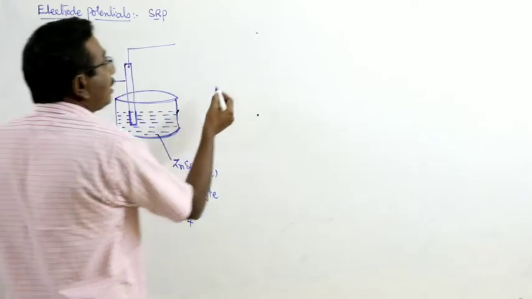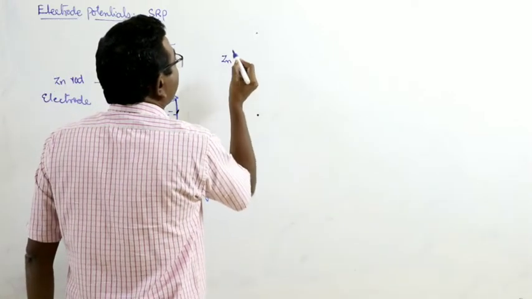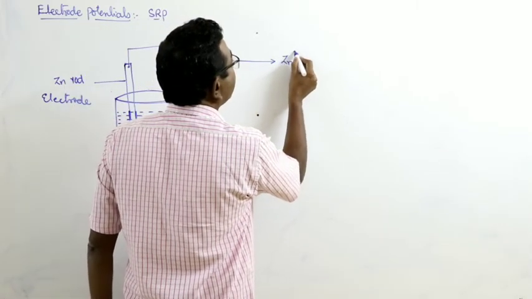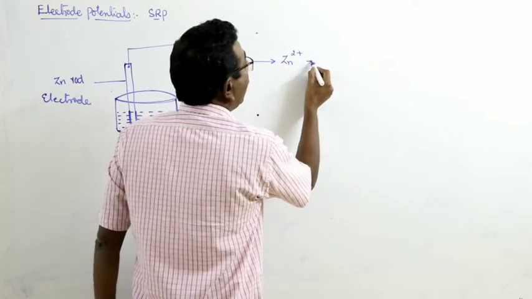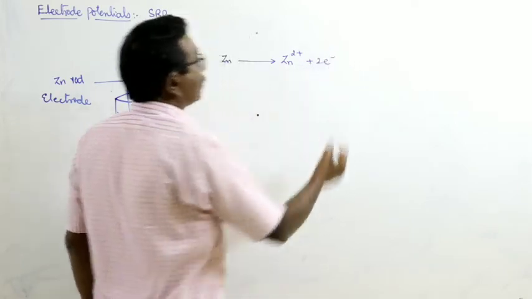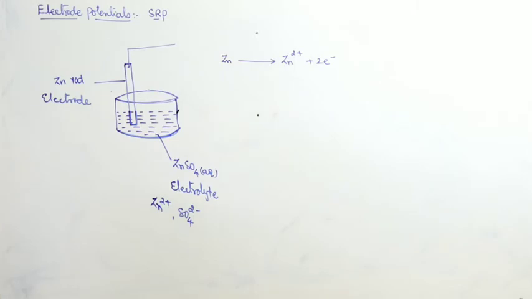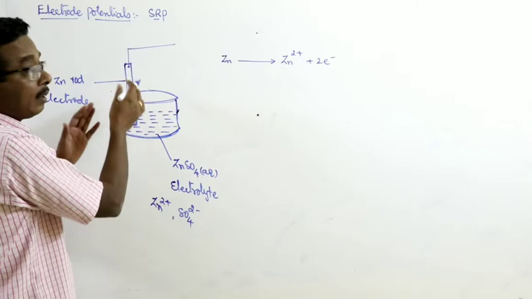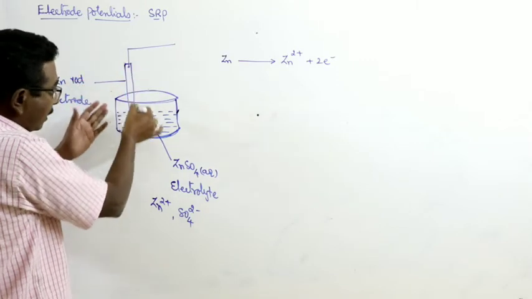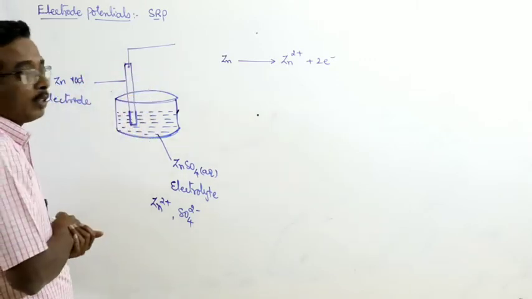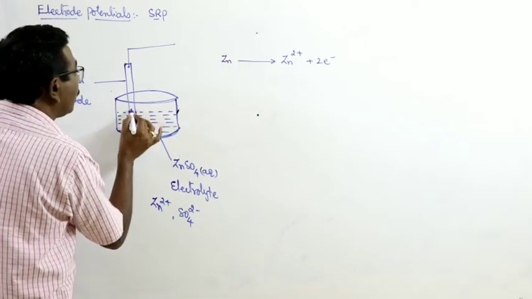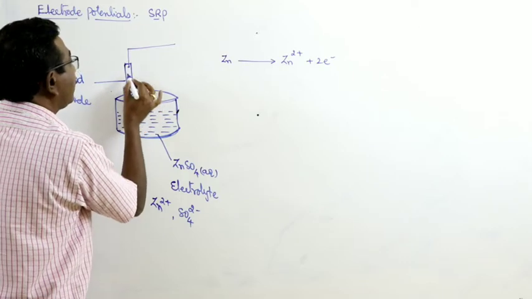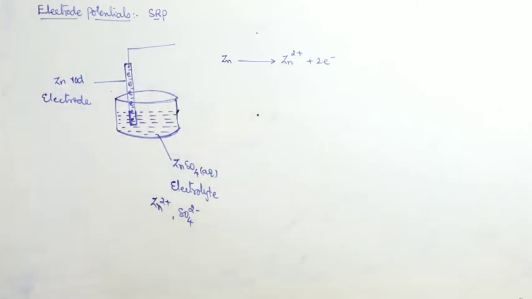In this zinc rod, zinc atoms are present, metal atoms. The zinc rod loses electrons, forming Zn2+ ions. The electrons are released in this electrode and appear like this in the electrode.